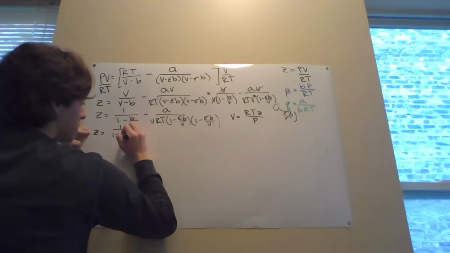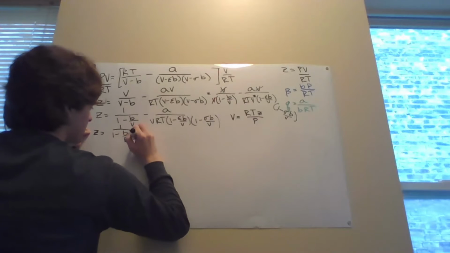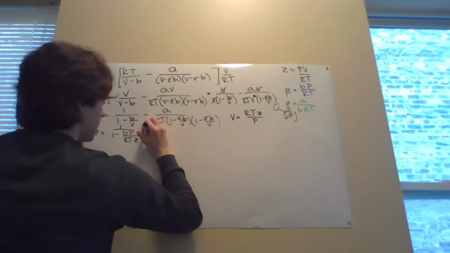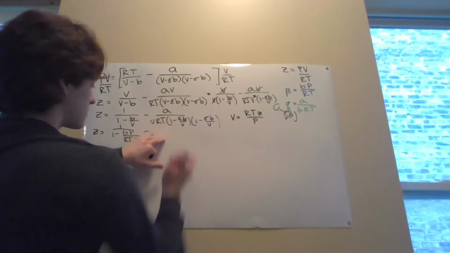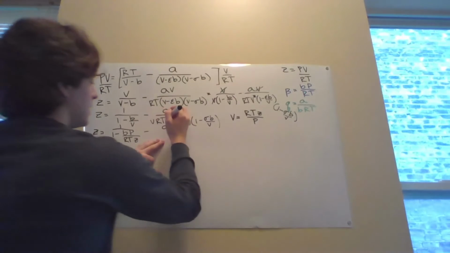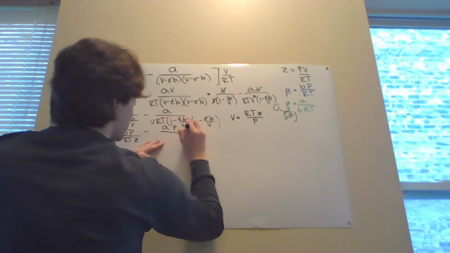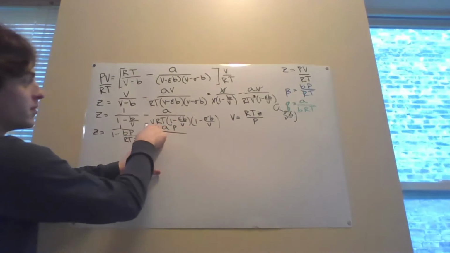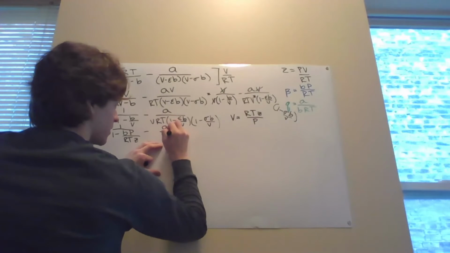b times pressure over R times the temperature times Z, minus, we'll have a in the numerator, plugging it in for this V, times P over, we'll have an R from this expression and the R from the numerator here, so it'll be R squared.